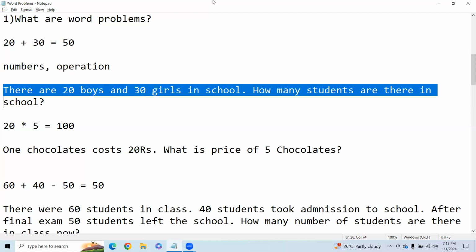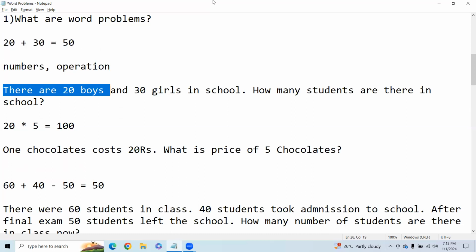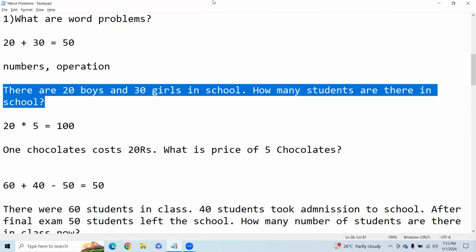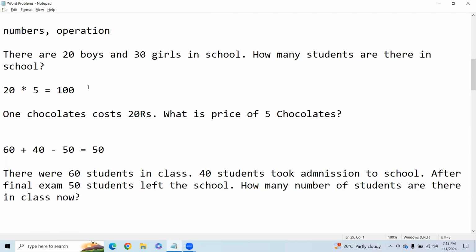But now when it comes to the word problem of the same question, they mention that there are 20 boys and 30 girls in the school. How many students are there in the school? First of all, we should be able to identify which numbers are given. Let's say 20 and 30.